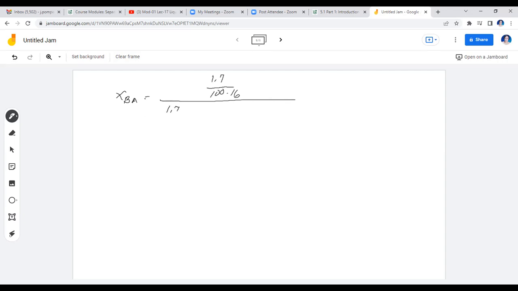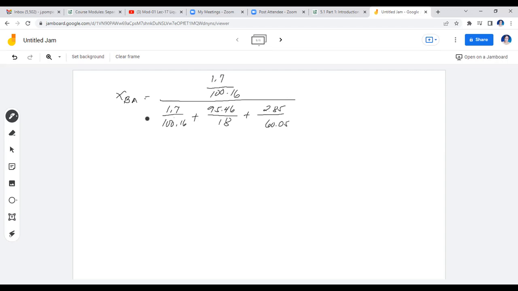So you have 1.7 divided by 100.16 plus, we need to add that of water. So water is 95.46, and it has to be divided by 18 because that's the molecular weight of water. And we have acetic acid, which is 2.85, the molecular weight of which is 60.05.